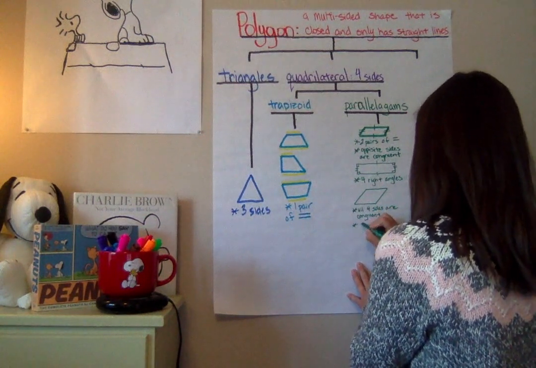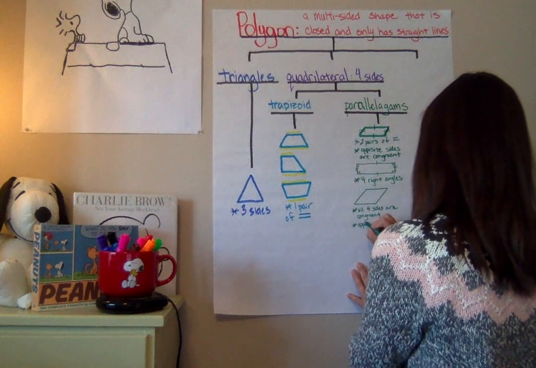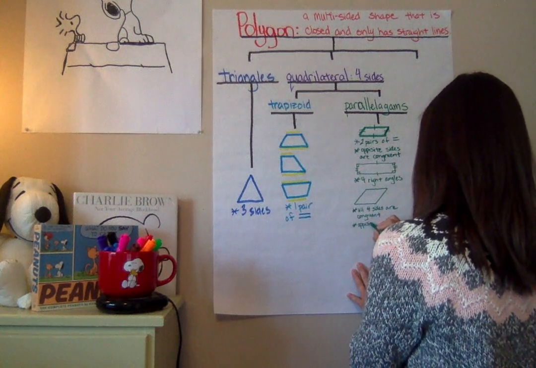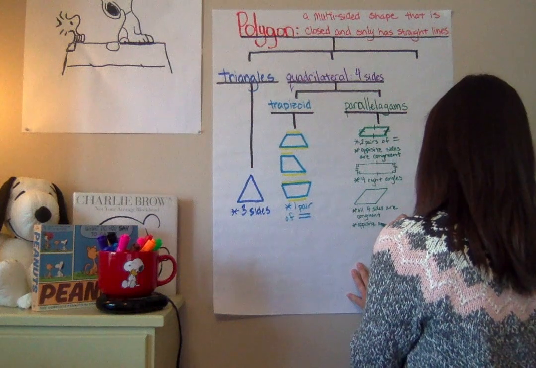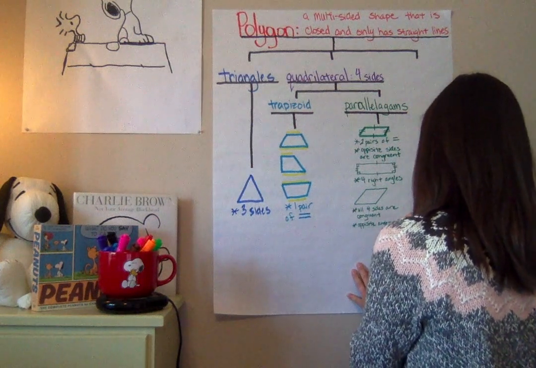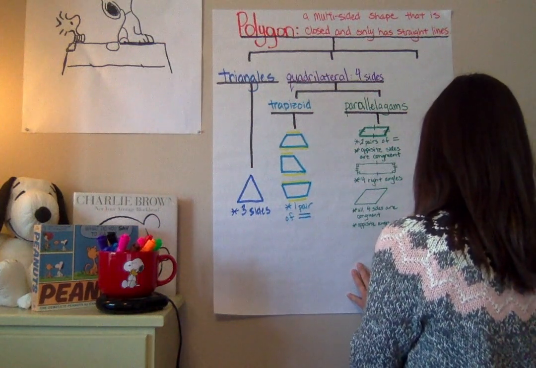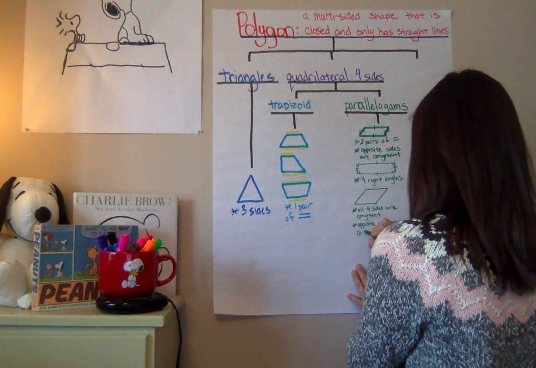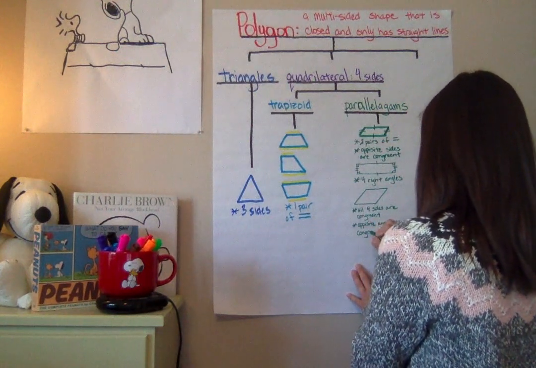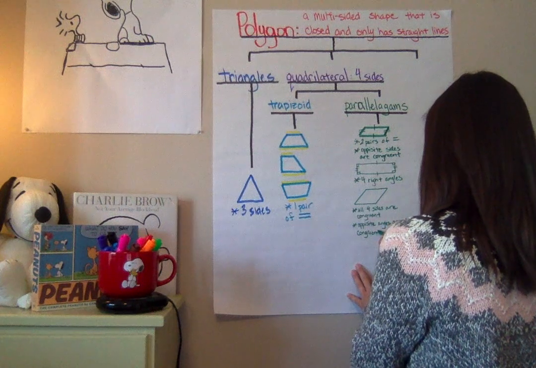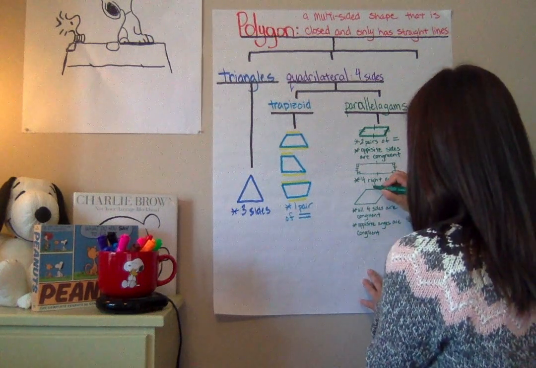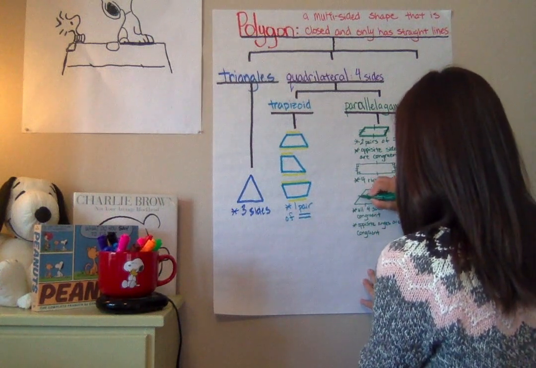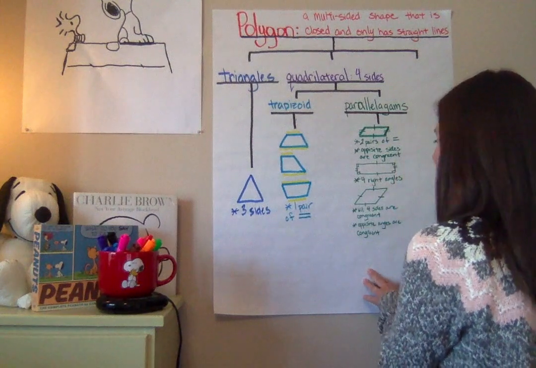And the opposite angles are also congruent. That means this side, this side, this side, and this side are all the same.